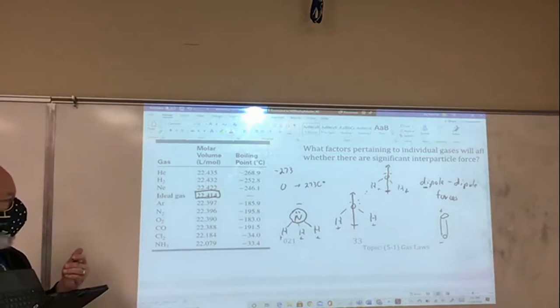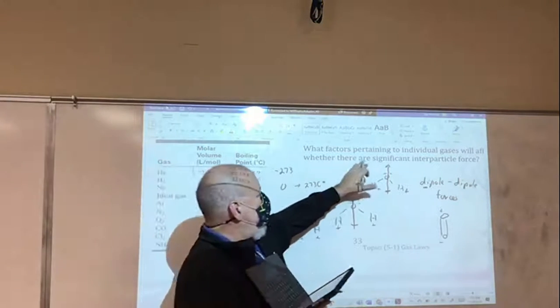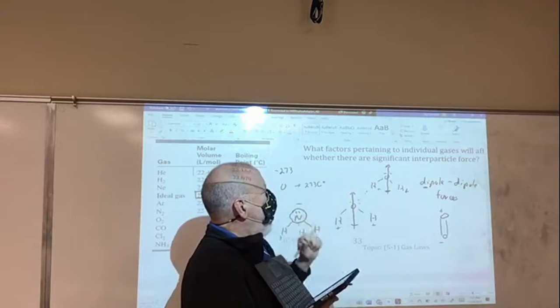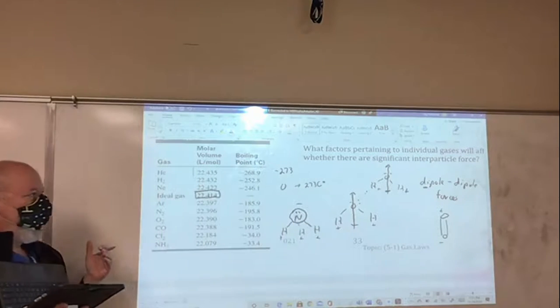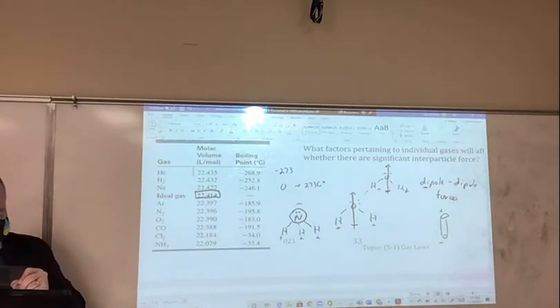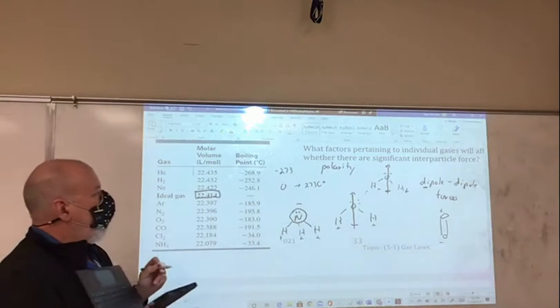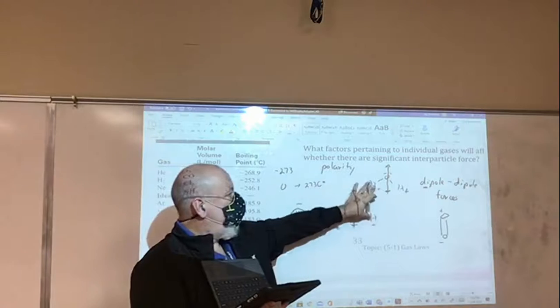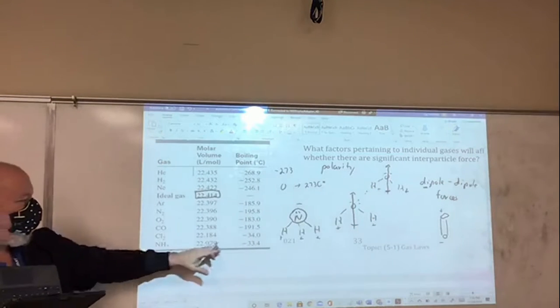to know about these. Okay, so what factors pertaining to individual gases will affect whether there are significant interparticle forces? And the answer to that is going to be polarity. Okay, if I have polarity, I'm going to have significant interparticle forces, and I'm going to see this.